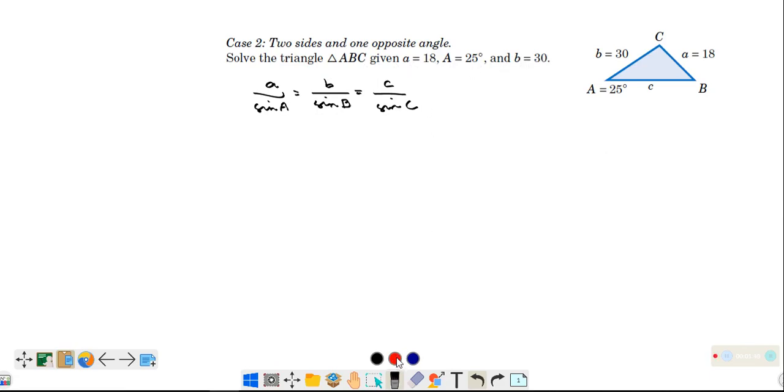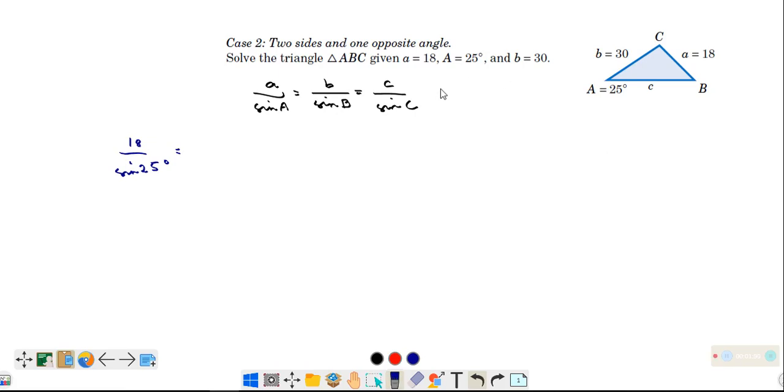We have the value of A, which is 18. Palit lang ako ng kulay dito. So, we have 18 over sine 25 degrees.